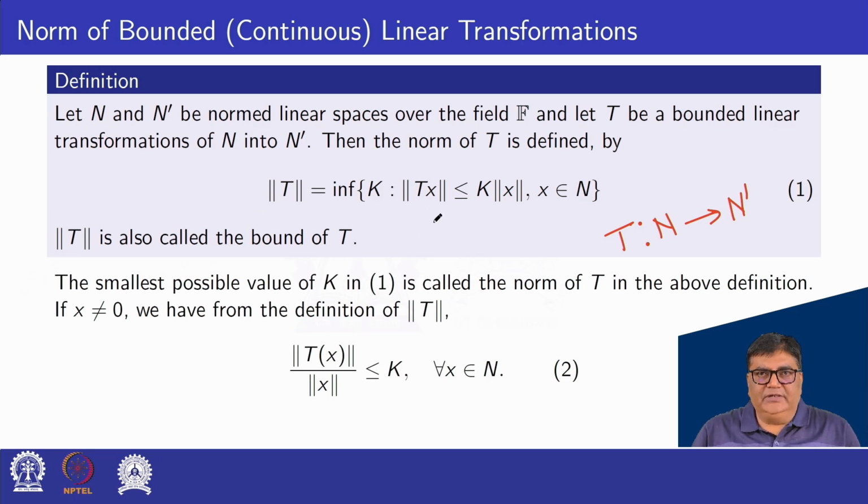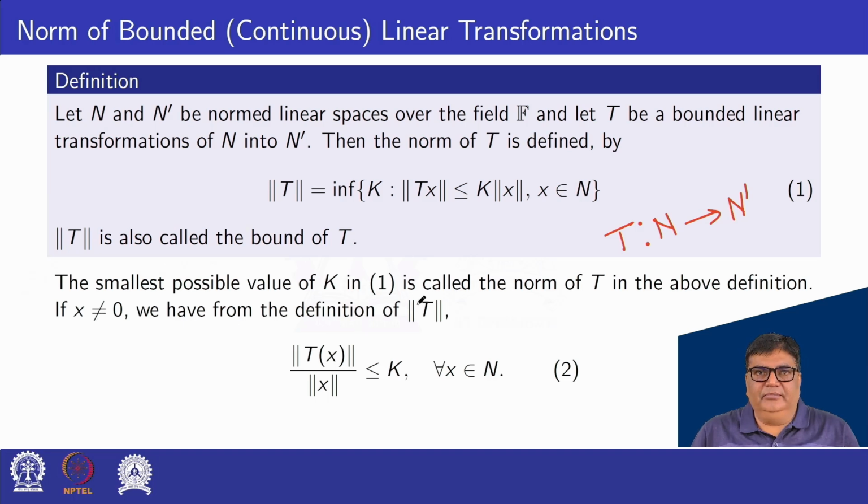Here we have the condition norm of Tx less than or equal to k norm x. The smallest possible value of k in equation 1 is called the norm of T. This inequality can be written as norm of Tx upon norm of x for x not equal to 0.